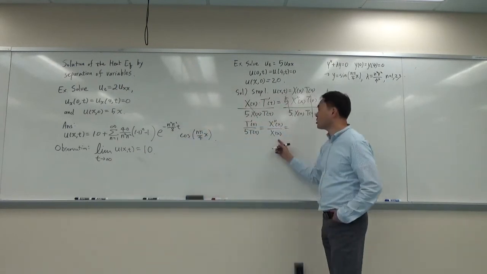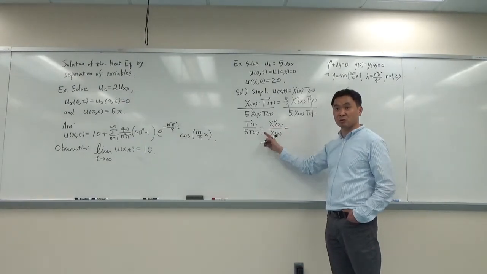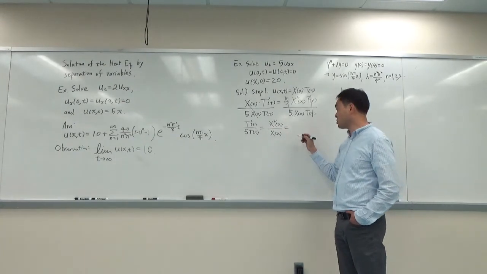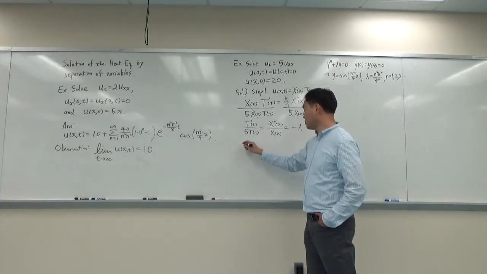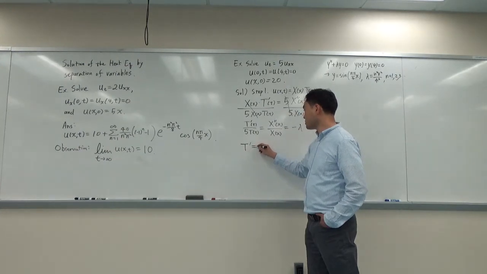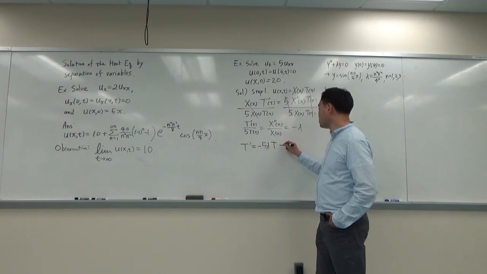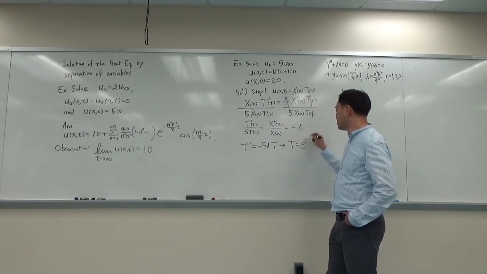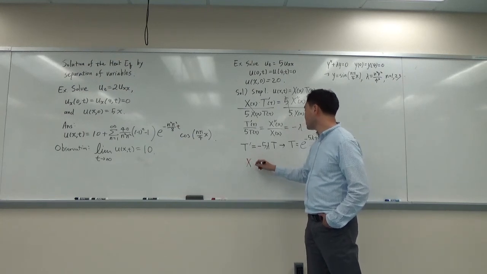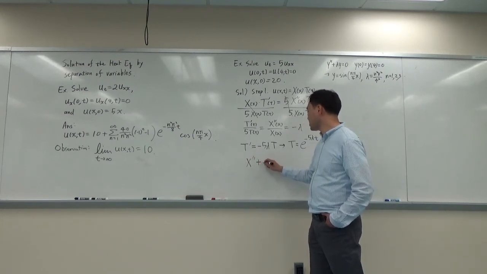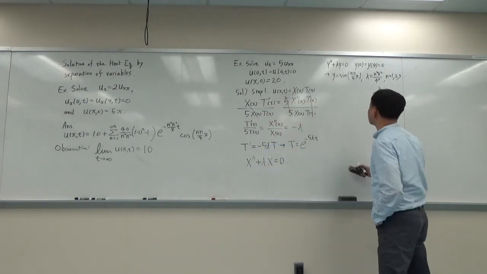And you make an argument that you can't have a function to be both a function of x only and t only. The only time that can happen is if it's a constant, so we let it equal to negative lambda. So that you have T prime equals negative 5 lambda T, whose solution is T equals e to the negative 5 lambda t. And you also have X double prime plus lambda X equals 0.